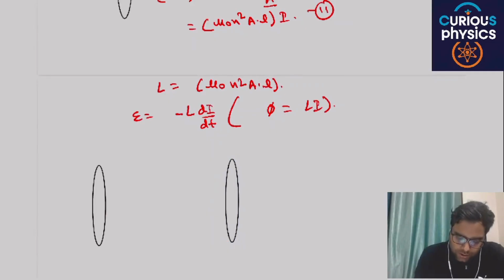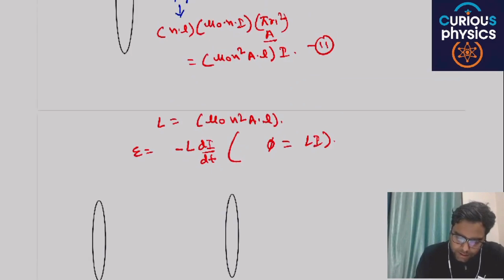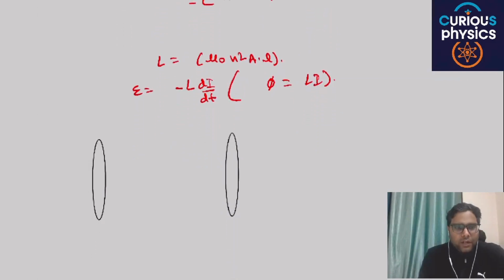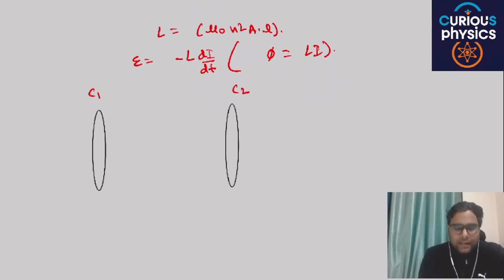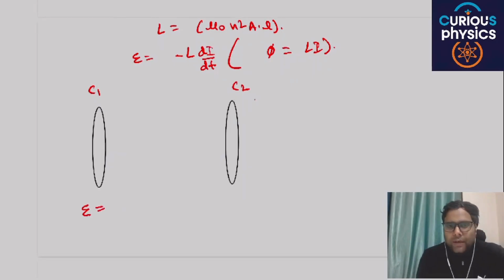There are two coils, and the main aim is to find the value of induced EMF. Let's say this is C1, this is C2, and here the total number of turns is N2 and so on. So here what we have to do is find the value of induced EMF in coil 1.